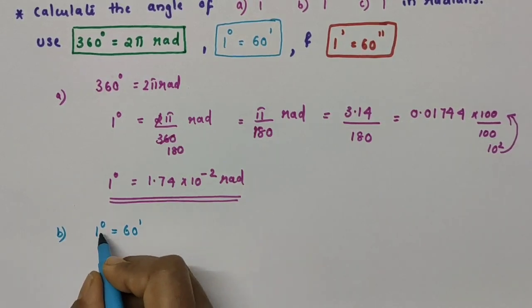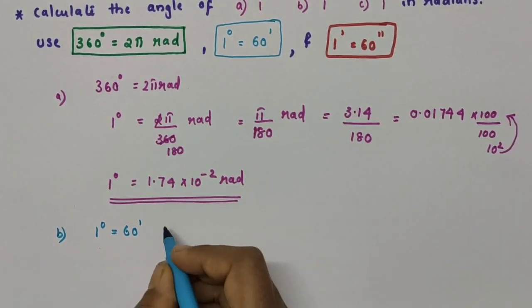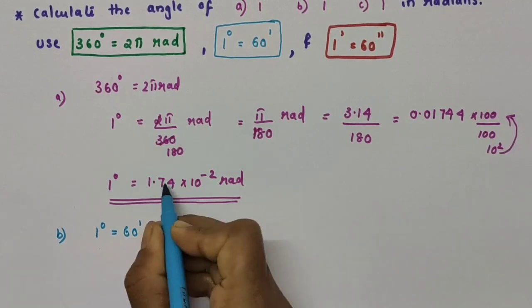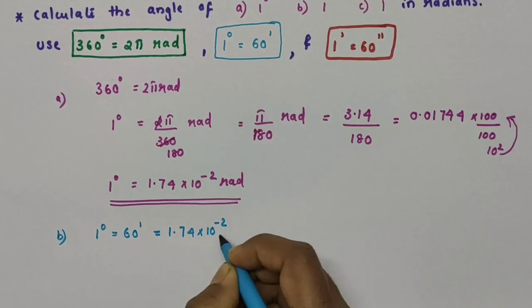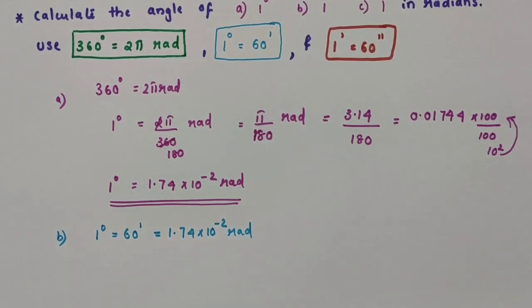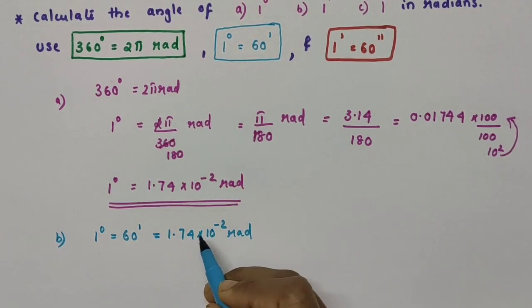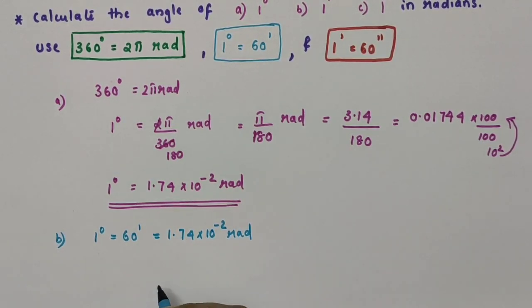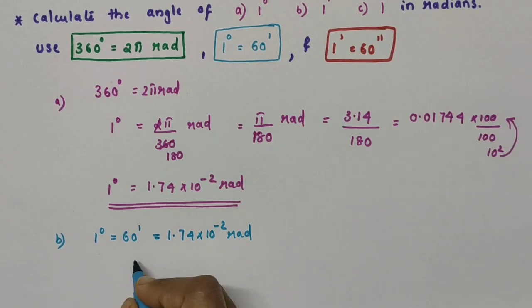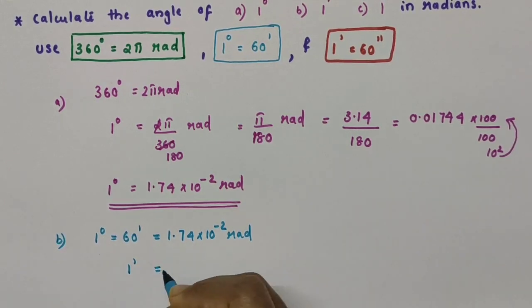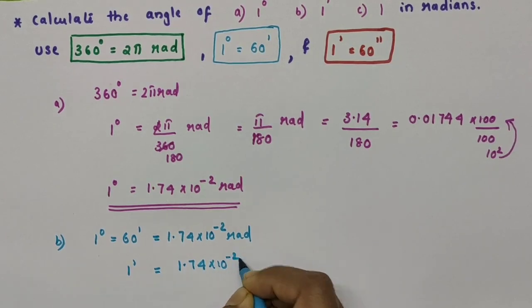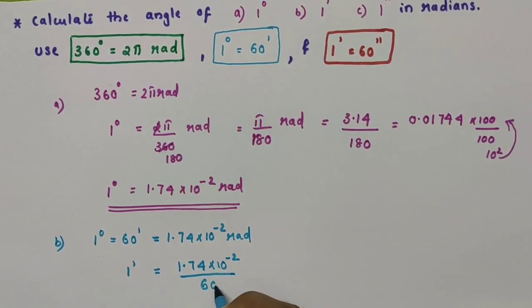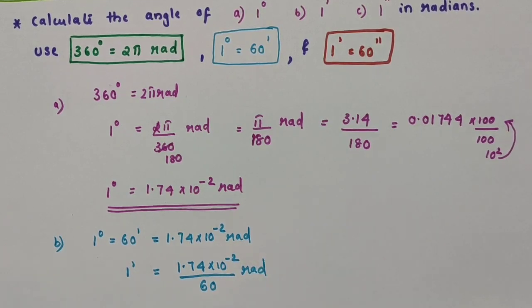So we can write 60 arc minute is equal to 1.74 into 10 raised to minus 2 radian. So what about 1 arc minute? 1 arc minute is equal to 1.74 into 10 raised to minus 2 divided by 60 radian.